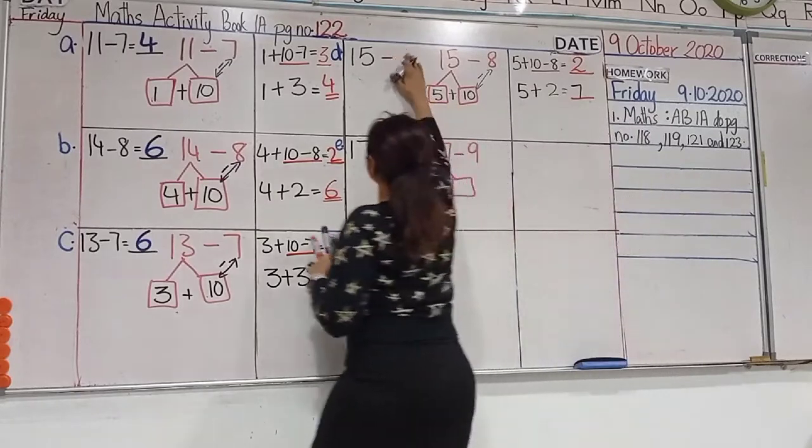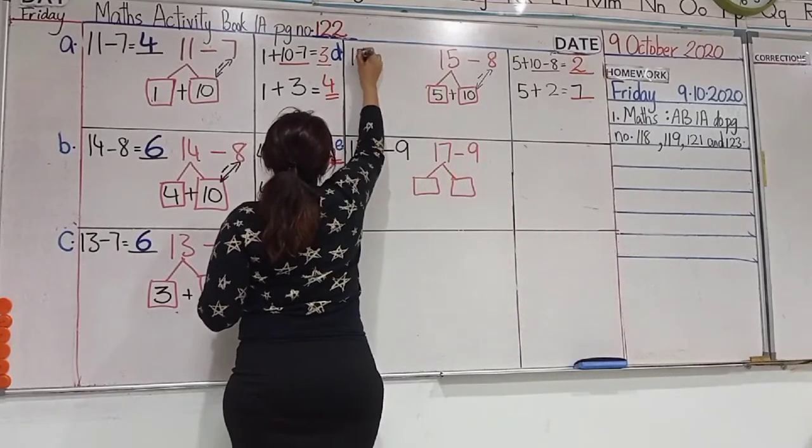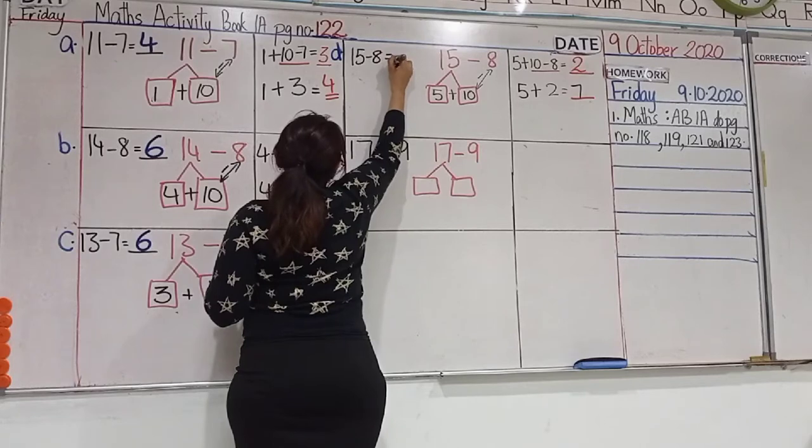Alright. Mental maths, please. 15 in your brain, 8 on your fingers.